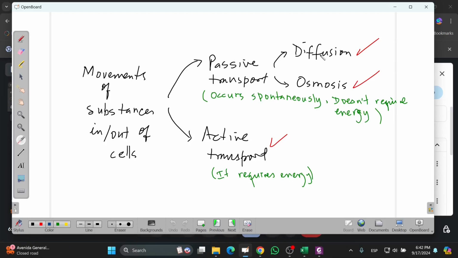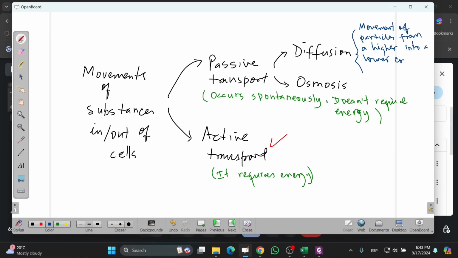So, diffusion, maybe if we want to come up with a definition here, we can say that diffusion is the spontaneous movement of particles from a higher into a lower concentration region.